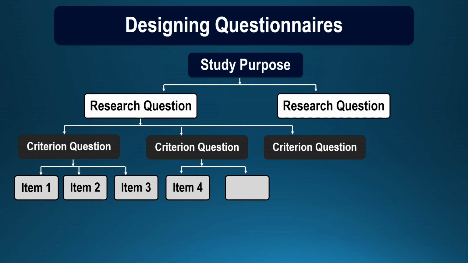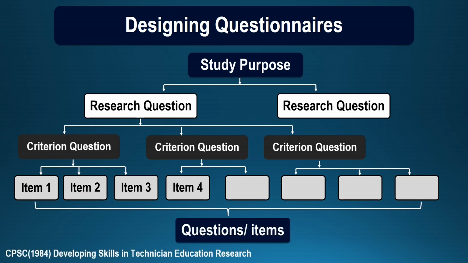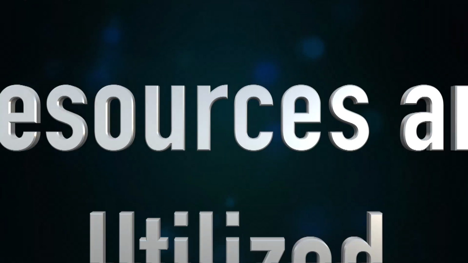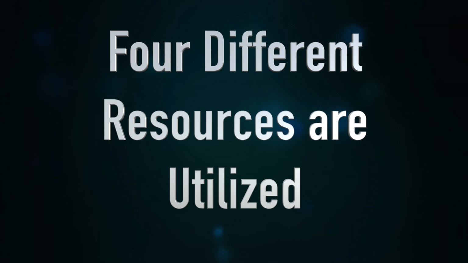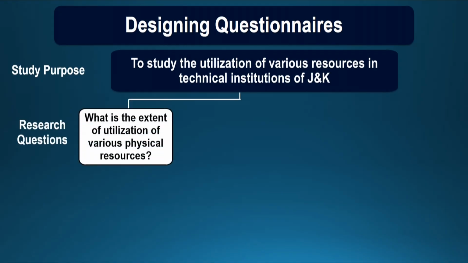Let's take an example. If the researcher is interested in studying the degree of utilization of various resources in technical institutions, then four different resources are utilized in any technical institution. So the first research question may be, what is the extent of utilization of physical resources in technical institutions?